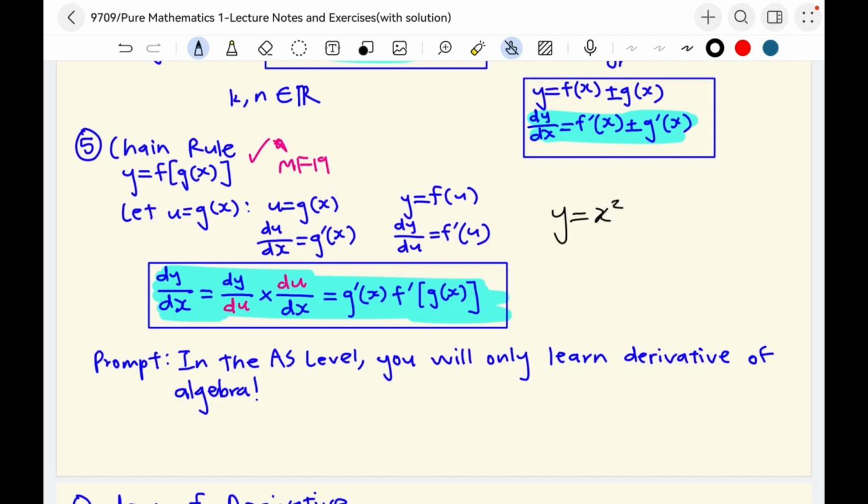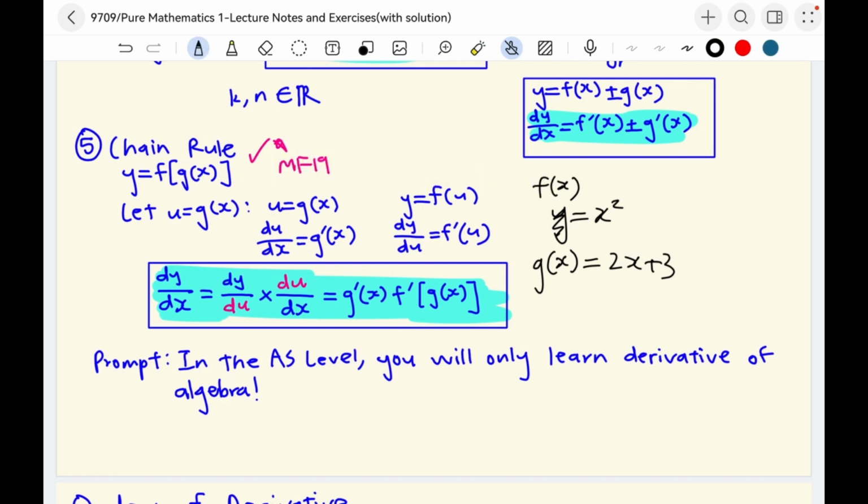What about g(x)? Let's say g(x) is 2x plus 3. So what it means is that f(x) is the outside function that maps the entire g(x). So this is how the composite function forms.